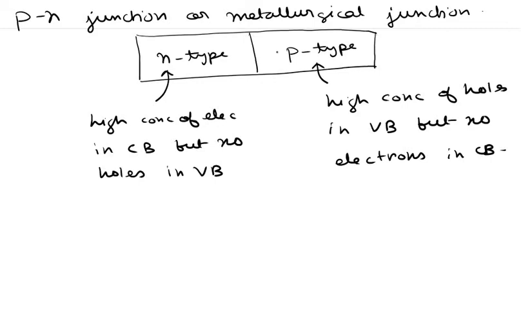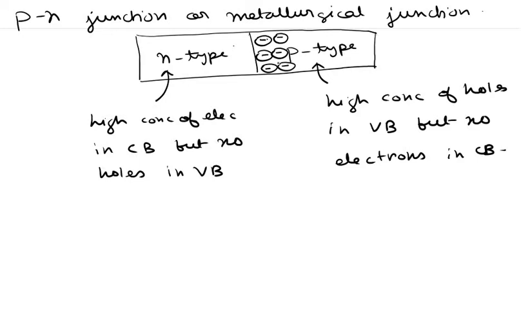So when these two are brought in contact with each other, these electrons from the n-type semiconductor would diffuse towards the p-type semiconductor. So if the electrons from the n-type semiconductor diffuse into the p-type semiconductor, there will be a charge accumulation around this region. This charge is formed by the electrons that diffuse from the n-type towards the p-type semiconductor.